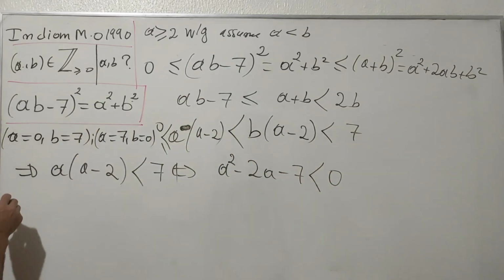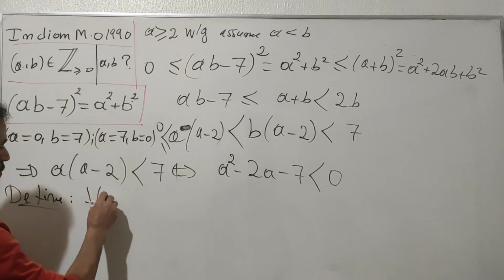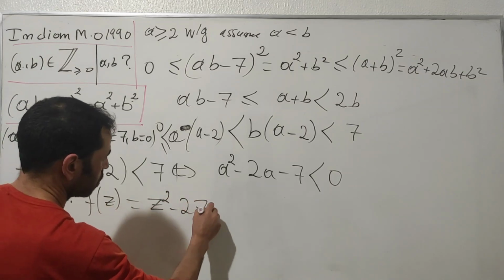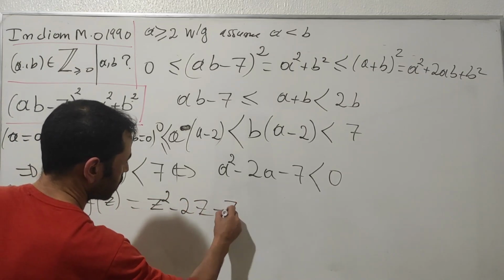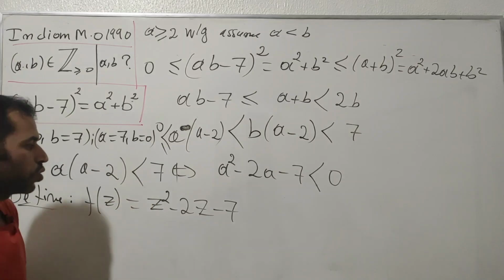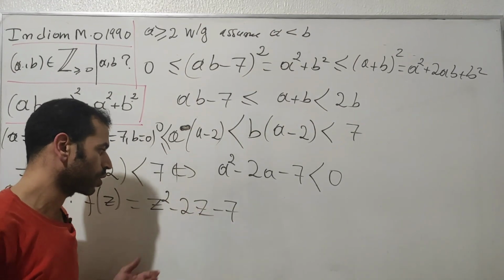Let's define a function f of z, which equals z squared minus 2z minus 7. If I solve this equation, I'm not going to calculate these things here because it's a normal calculation.